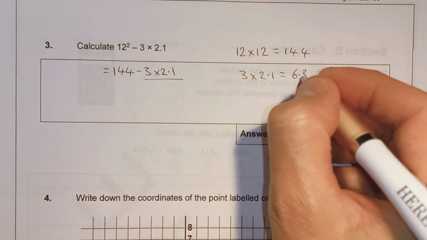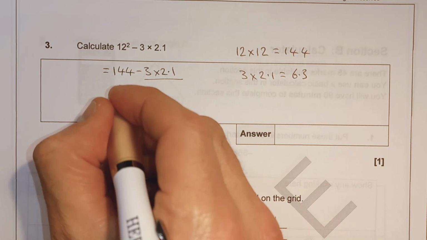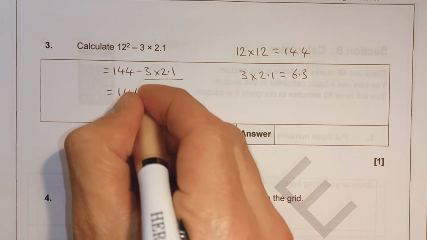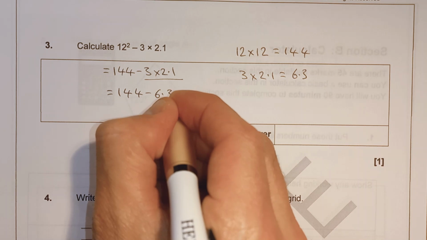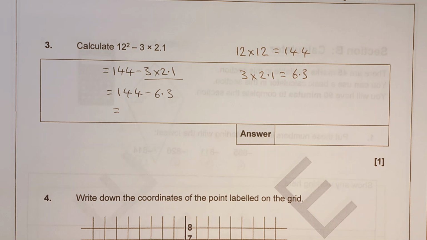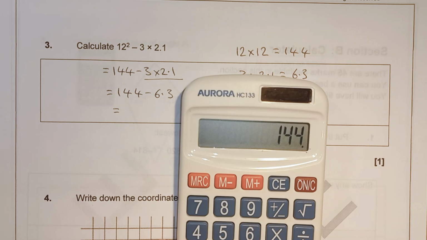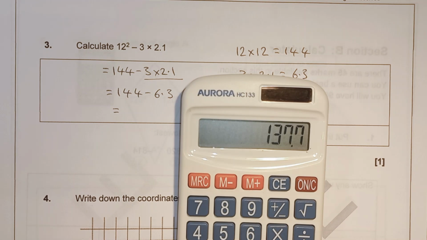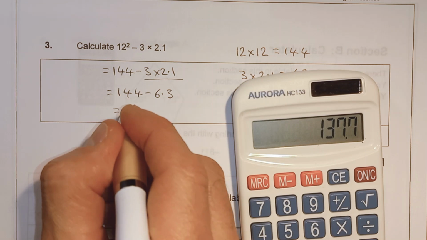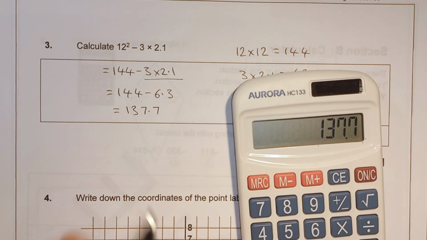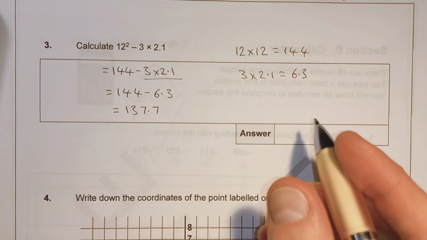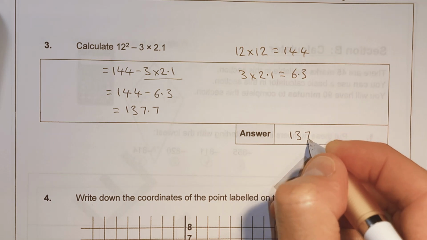So we've got 144 minus 6.3. And then we just work that out with the calculator. So 144 minus 6.3 gives us 137.7. So we can put that in our answer box.